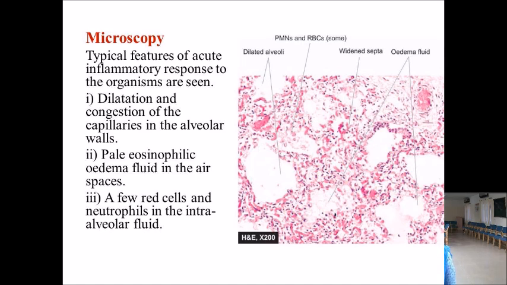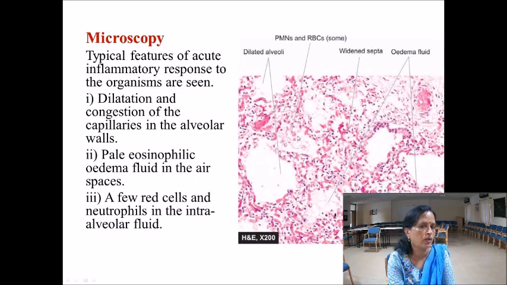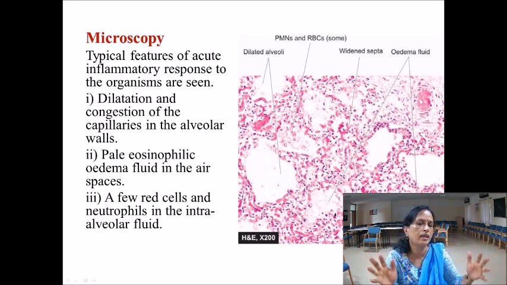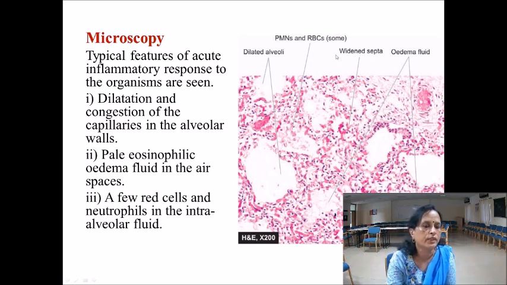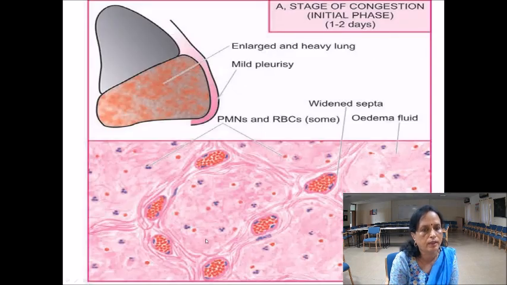But if we examine this fluid, it shows the presence of plenty of bacteria at this stage. And the fluid is so thin, that's how it permeates. It just enters into the next alveolus. We know about the pores of Kohn. So that's how the thin fluid keeps on spreading, and this is how it spreads into the entire lung, involving a large portion of the lobe or the lung.